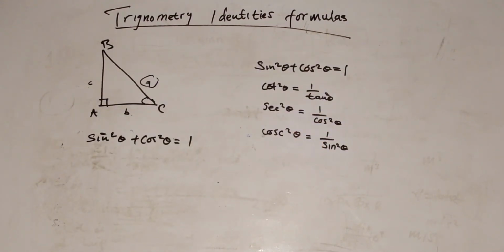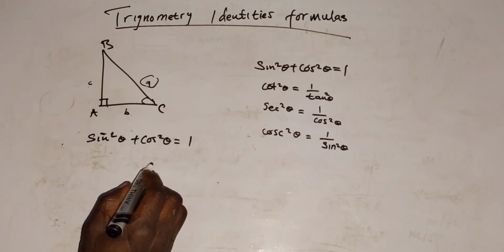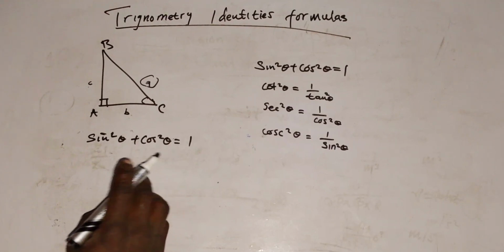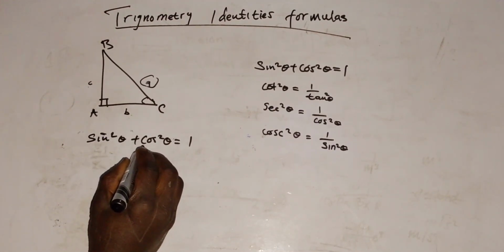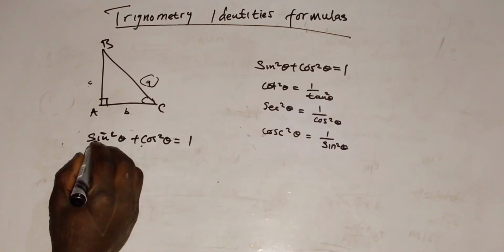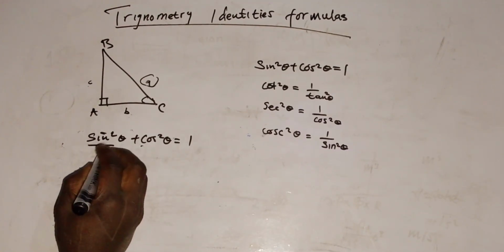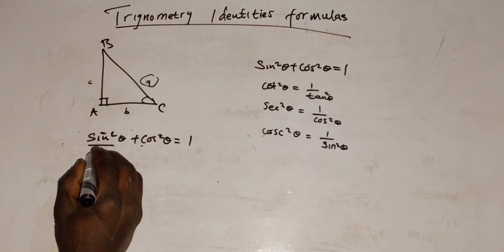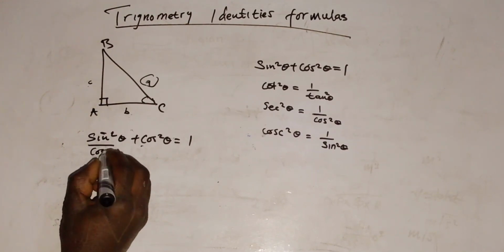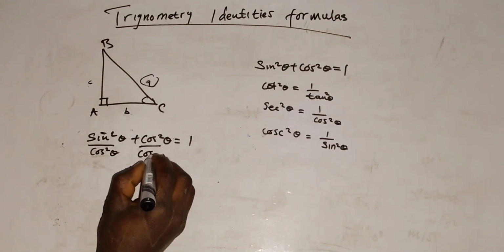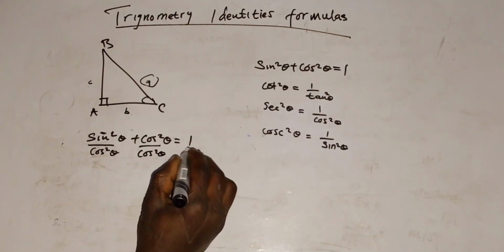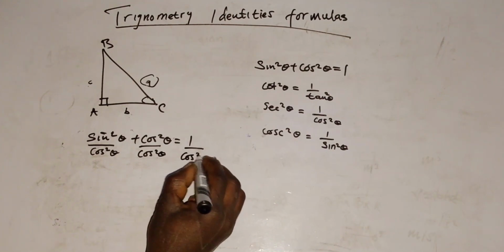We can start by dividing throughout by cos squared theta.